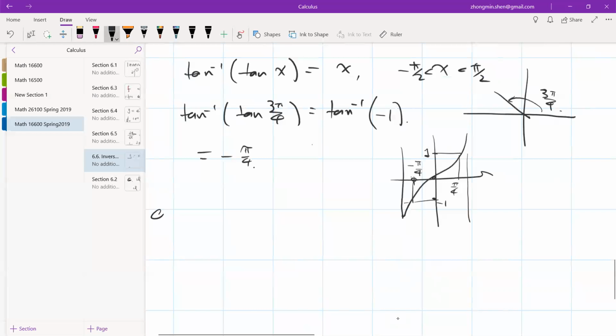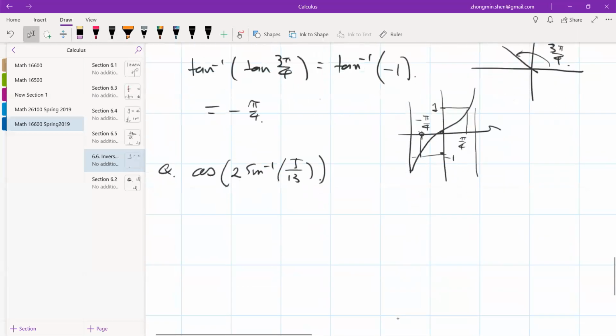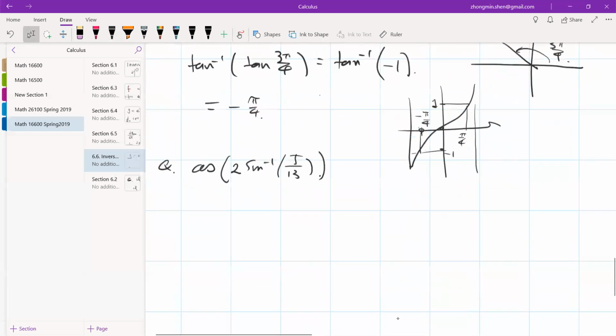Okay, so next question. Cosine 2 of this. Okay, let's try to get the exact value without using a calculator.